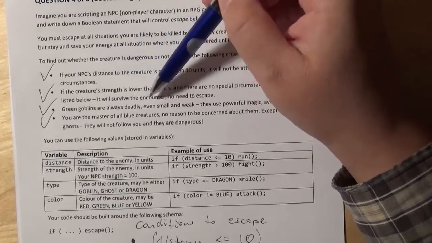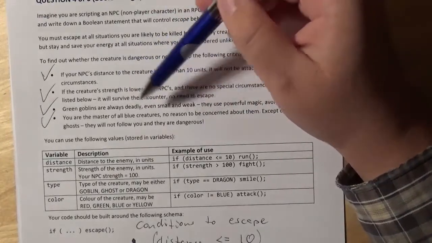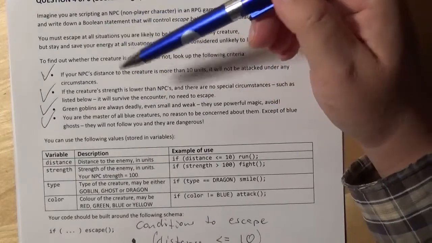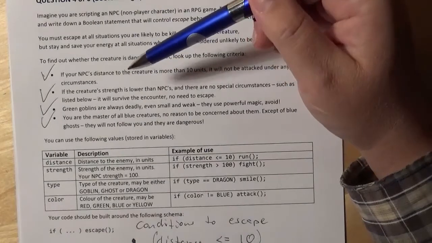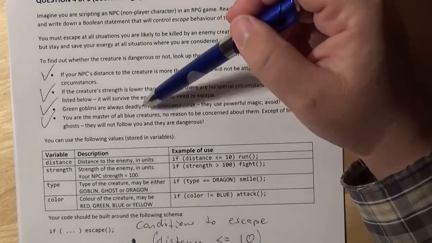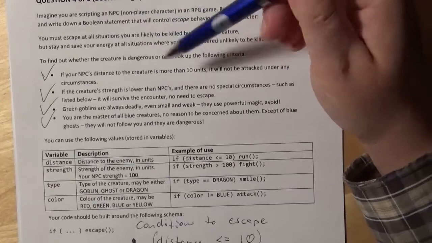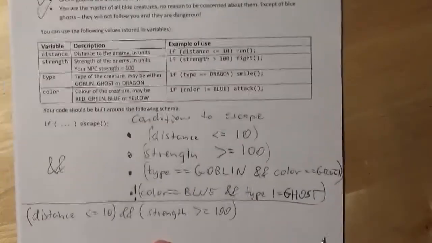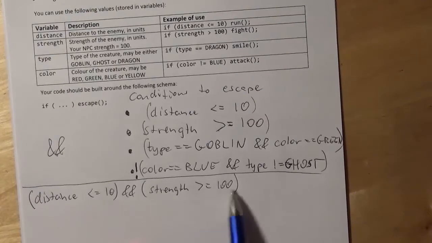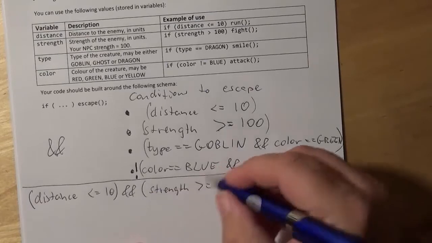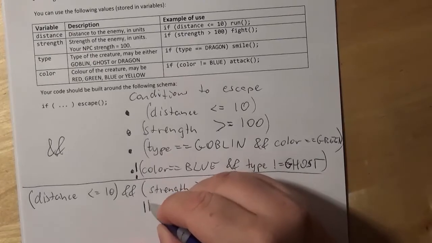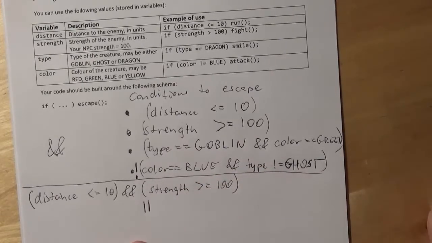Green goblin is deadly even if it is small and weak, but we have no information here that would tell that green goblin is still deadly or dangerous for us if it is more than 10 units. Okay, so it will be an exception for this rule of strength. So we can say that this rule of strength is in fact strength greater or equals 100 or being a green goblin.